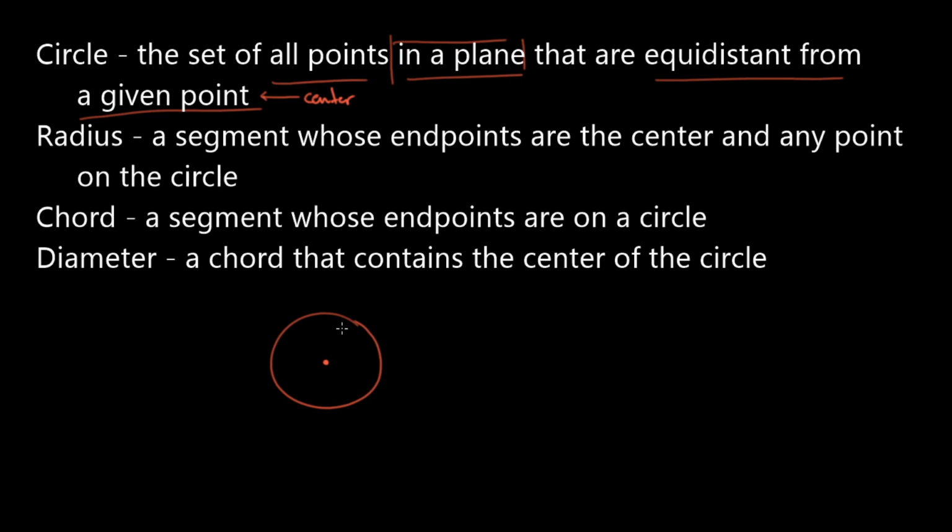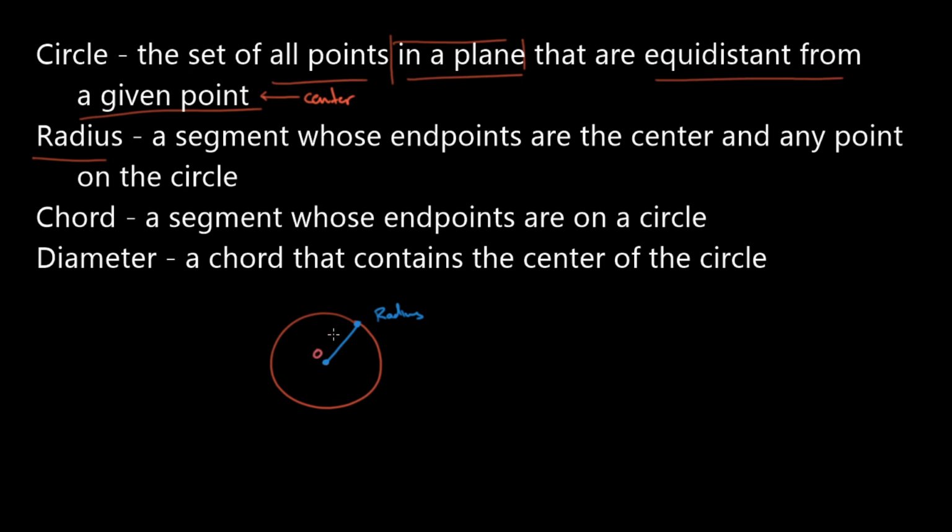So then, one of these other common terms you've almost definitely heard of is a radius. A radius is just a segment whose endpoints are the center and any point that's actually on the circle. So starting at the center and then going to a point that's on the circle, this is what a radius is. This is a radius. Let me actually name these points too, because I haven't talked about how to actually refer to this.